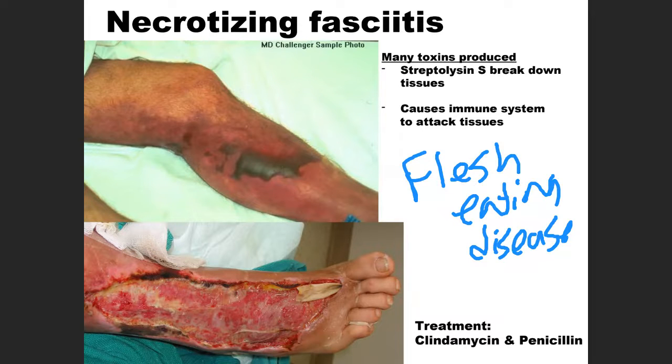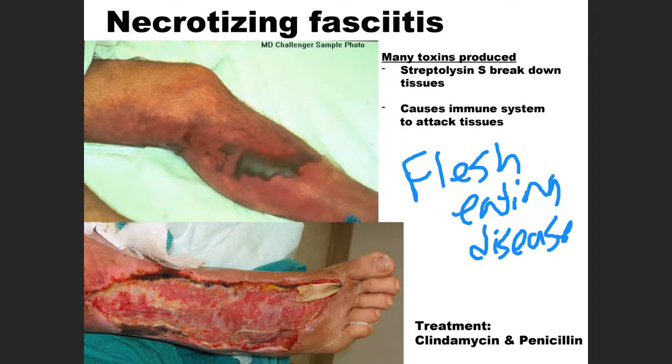Now, even though they call this the flesh-eating disease, and they call the bacteria the flesh-eating bacteria, it's not really like the bacteria are eating the flesh away. It's not exactly what's happening here. The bacteria does make a toxin that breaks down some of the tissue, but your immune system also reacts against the toxin in an exaggerated way, so much so that it initiates a lot of inflammation, which can cause this widespread damage.